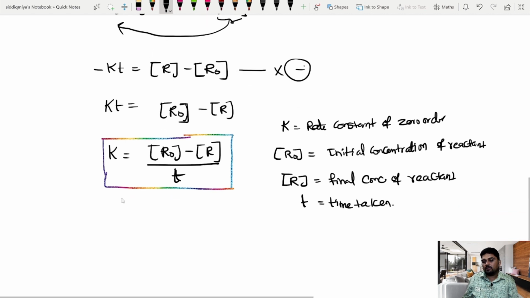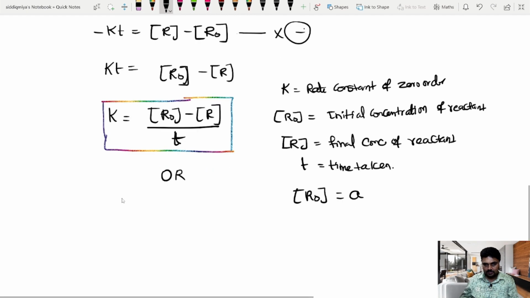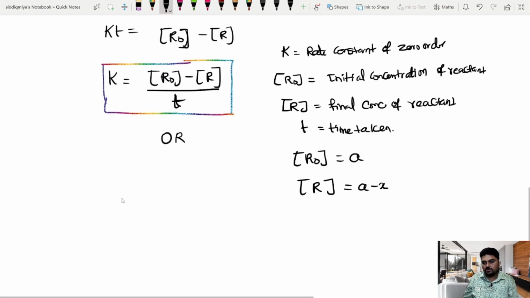This can also be written like this: R naught is a, the initial concentration, and R is a minus x. Then k is equal to a minus (a minus x) by t.